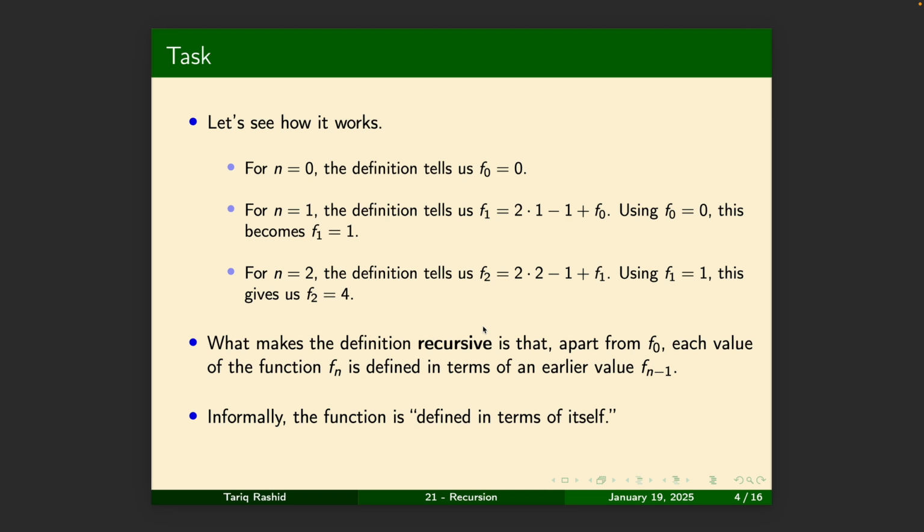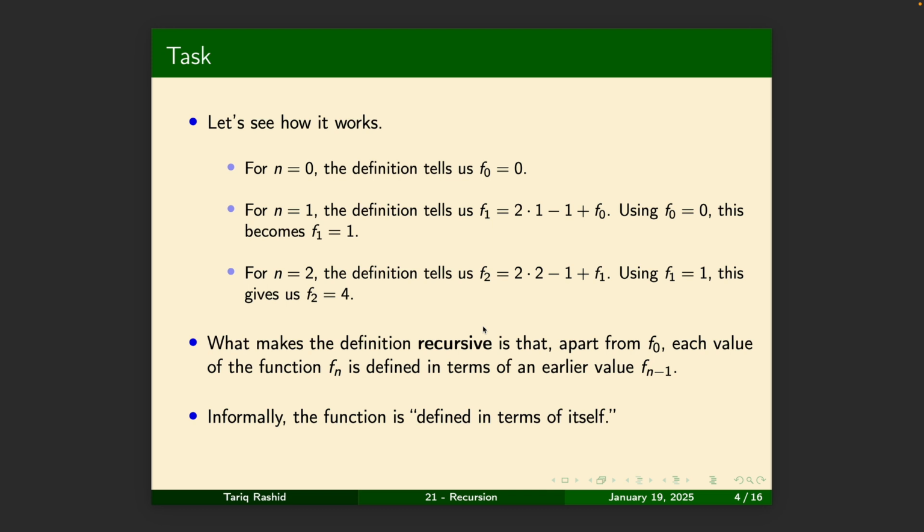So fn depends on f at a previous value of n, except maybe the first case or the first few cases. So in this one, f0 was defined non-recursively.